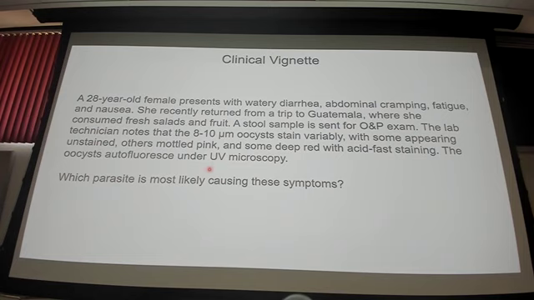What do you think? Cyclospora cayetanensis. Yep. Those types of vignettes, not those exact ones, are some things that might help you prepare for intestinal sporozoans. Any questions?